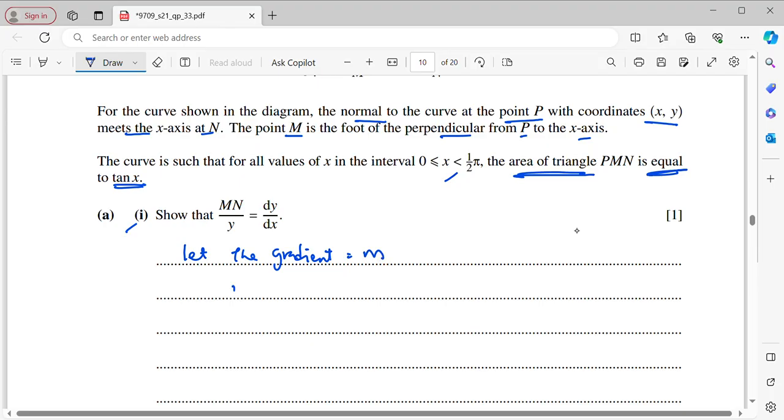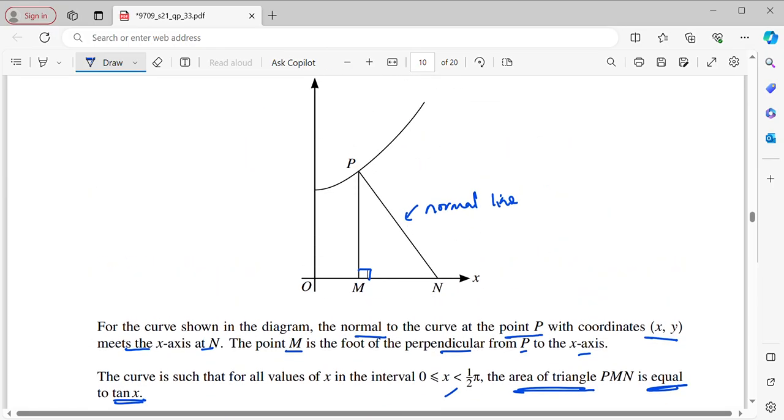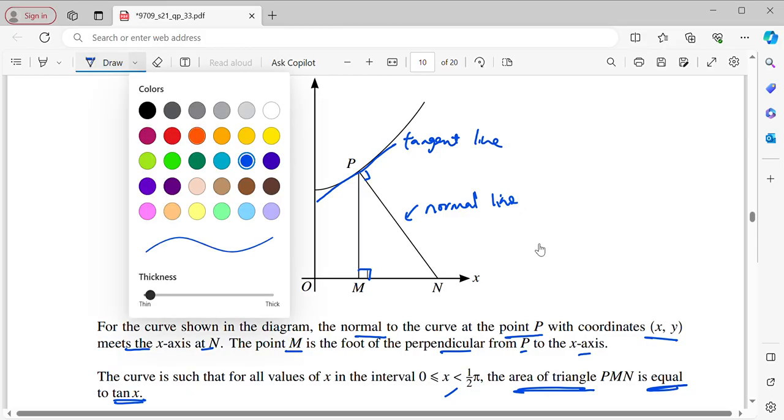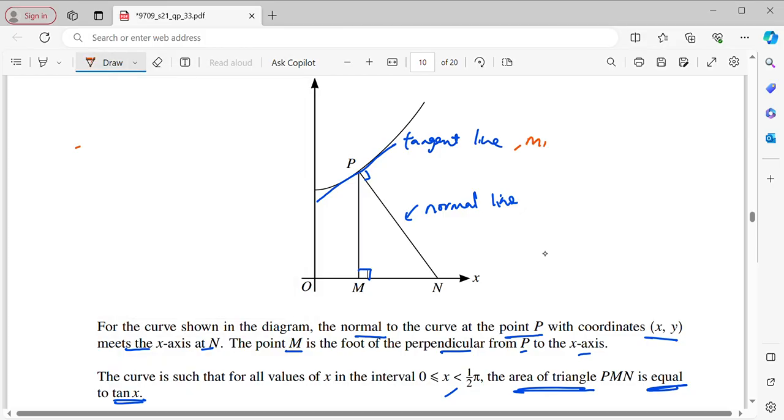So I will write m of PN, because this is the gradient of the normal. So the gradient of the normal, your tangent is here. They will be perpendicular to each other. This is your tangent line. So when they are perpendicular to each other, let's say this is m1, this is m2, then I will get m1 times m2 is minus 1.